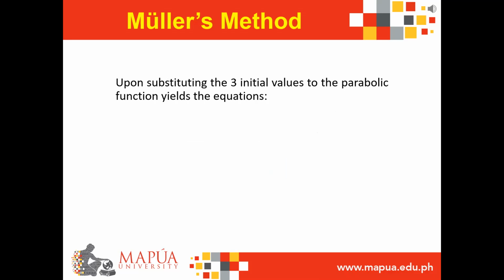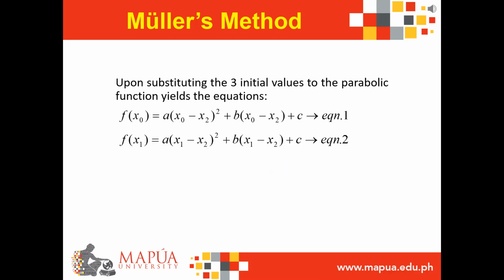Upon using these initial values, your parabolic function or equation will then yield equation 1 if you substitute x0, equation 2 if you substitute x1, and equation 3 if you substitute x2. Note that in equation 3, coefficient a becomes 0, likewise coefficient b. Therefore, c is simply equal to f(x2).